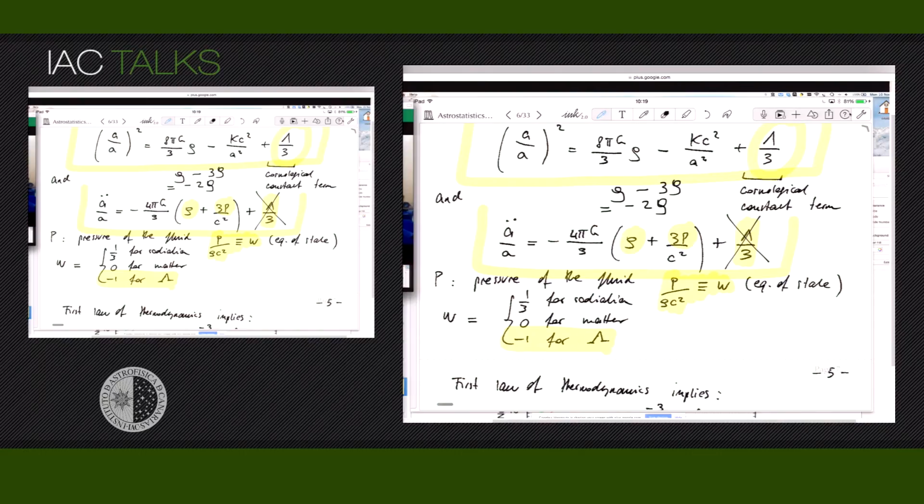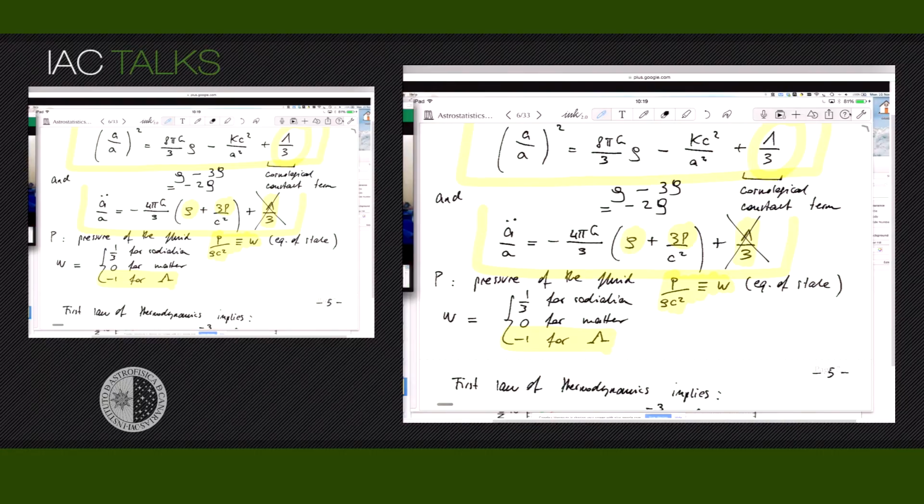And so you can see that minus 2 rho, with a minus in front, it follows that a double dot is positive. And if a double dot is positive, it means that the universe is accelerating with time, the expansion is accelerating. And so that is what the cosmological constant term does to the universe. It makes the universe accelerate.